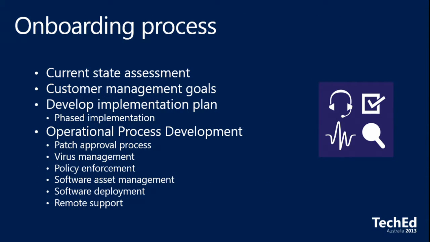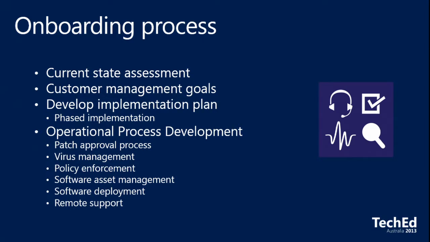So for customers that want to transition from having, say, a traditional environment that they're running themselves to a managed service environment, we take them through a process. We sit down with them and we try to understand their current state. What do they have today? What's out there in the environment? What's happening? And then we sit down and we figure out what are their goals? What are they trying to achieve? What are the risks that they're trying to mitigate? And what type of experiences do they want to deliver to their end users?